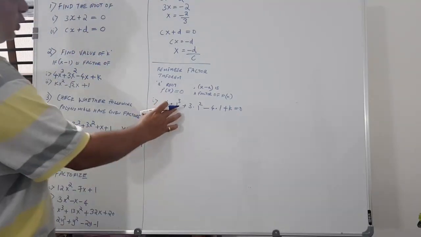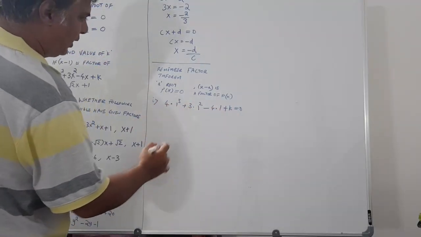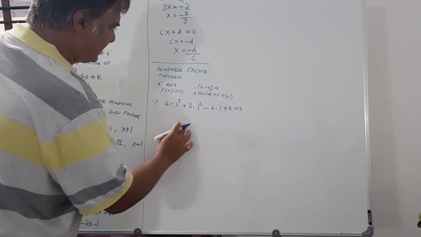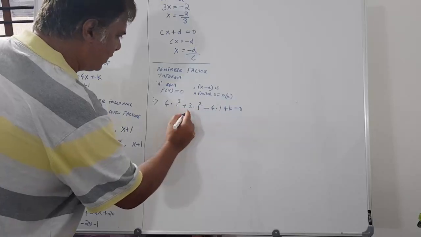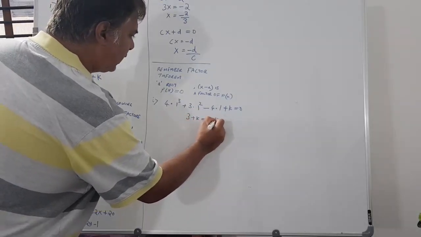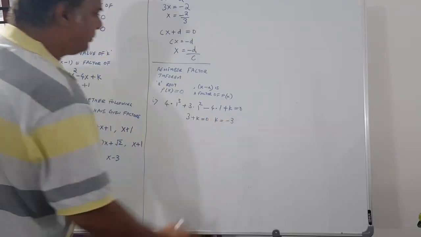Okay. So 1 cube, 1 squared, 1 are all 1. So this gives us 4 plus 3, 7 minus 4 plus k is equal to 0. This 4 and this 4 will cancel out. So you get 3 plus k equal to 0 or k equal to minus 3.